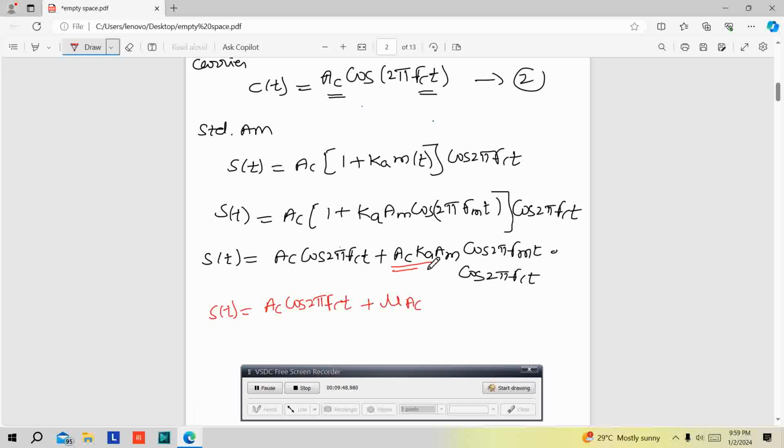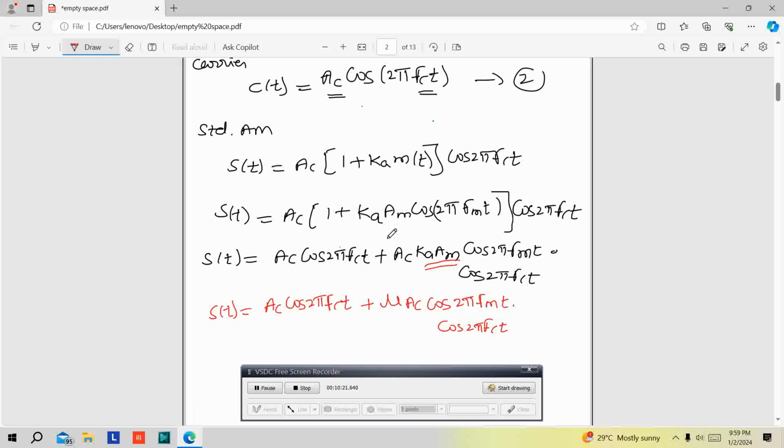Ka into Am is called mu. What is mu here? The modulation index. Mu Ac keep as it is, then the remaining thing as it is, cos(2π fm t) cos(2π fc t).